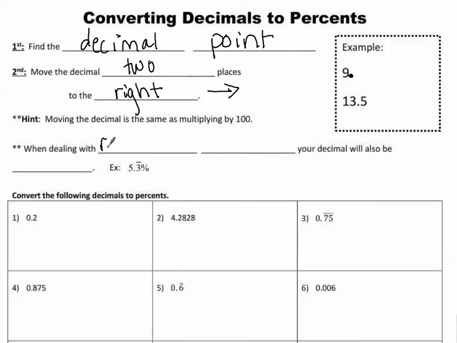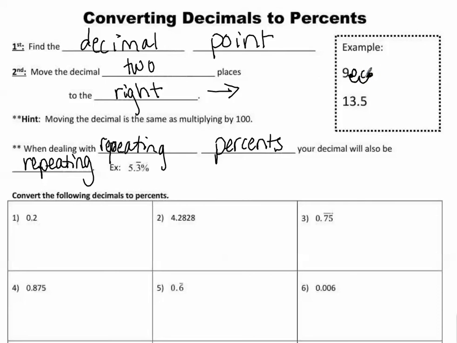When dealing with repeating percents, your decimal will also be repeating. For example, if you have 9 as your decimal, in order to make this a percent, you need to move it 2 places to the right. 1, 2.